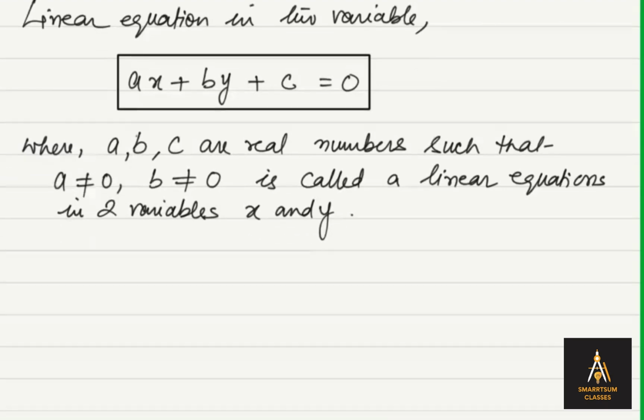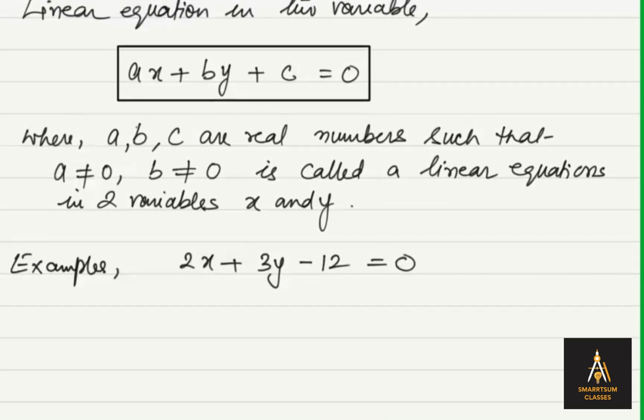For example, what are the examples of linear equations in two variables? Suppose you have 2x plus 3y minus 12 is equal to 0. This is a linear equation in two variables. If you find the values of a, b, c here, just compare this equation with the standard equation and you can easily find them.